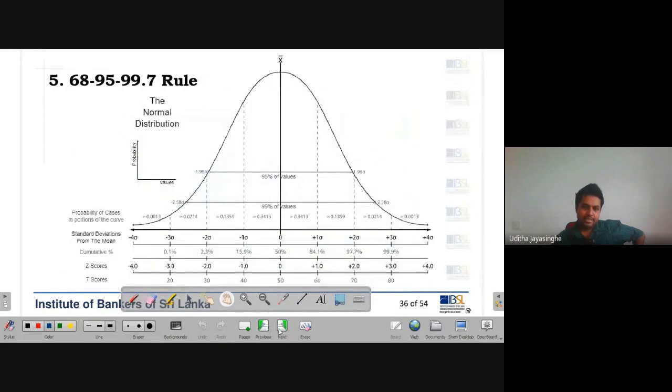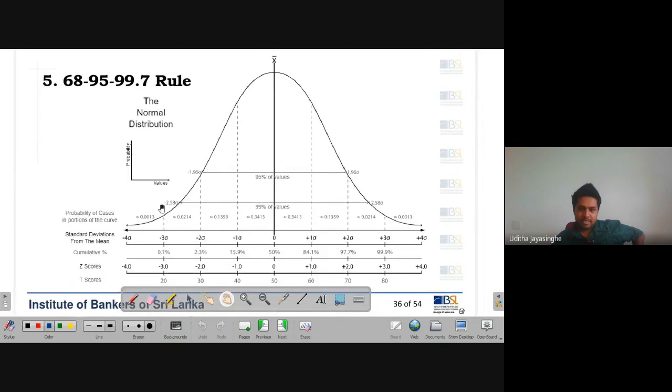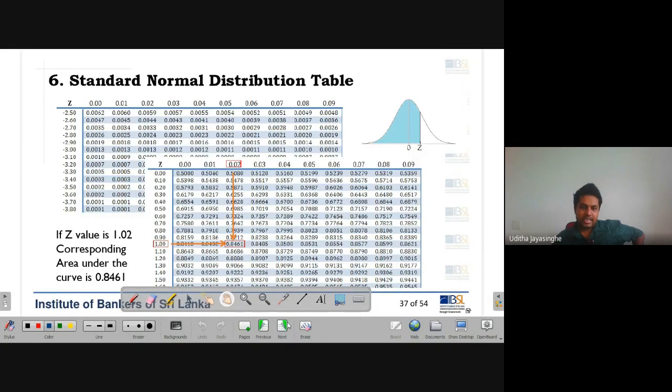Let me skip this slide because eventually it's the same thing, but I've just put up a few more data with some more advanced areas like standard deviation from the mean, the Z scores, and the student T distribution T scores. For the moment, let's quickly move on to here, and let me first show you how we calculate this corresponding Z value.